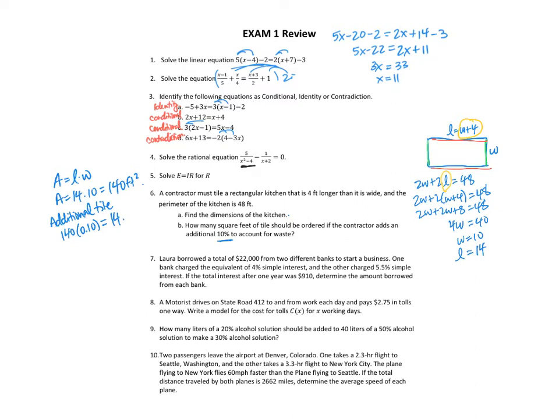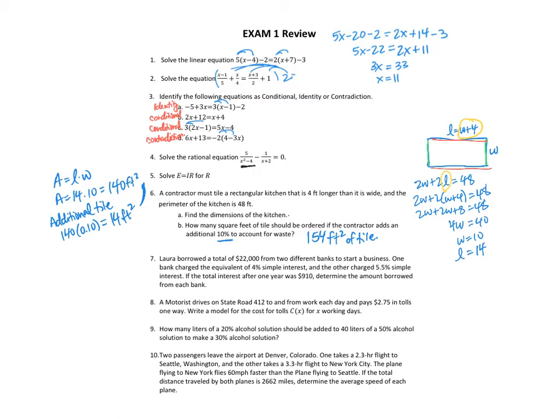So that's the extra tile. If I want to add that extra tile to the tile that I was ordering, I will have 154 square feet of tile. So I have the 140 to tile my kitchen plus the extra 10%, which is 14. Add that up, I get 154.